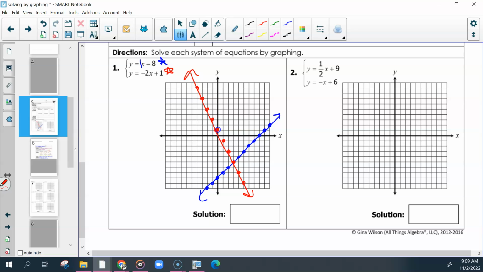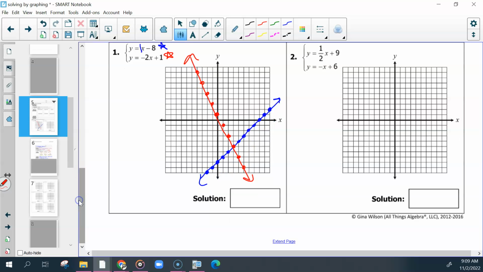With this, you have to be very careful. When we did graphing, if your line was a little crooked, it was fine. But here we have to be exact, because if your line is off a little bit, it may not cross where it's supposed to. What is the solution of this?